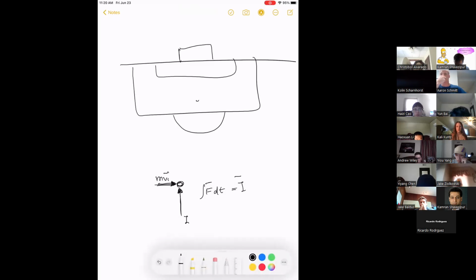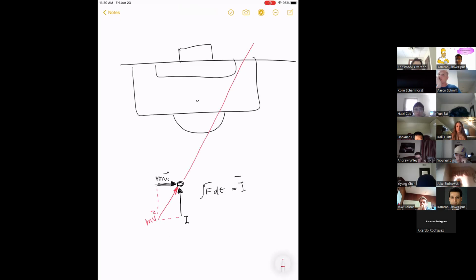The summation of these two vectors, this plus that, is going to be something like this. So this is mv2. So technically the ball goes this way, right? If this velocity is significant, if it is rolling very slow, your velocity is going to be like this toward the goal. But if the ball comes fast and you kick it straight, the overall ball goes.